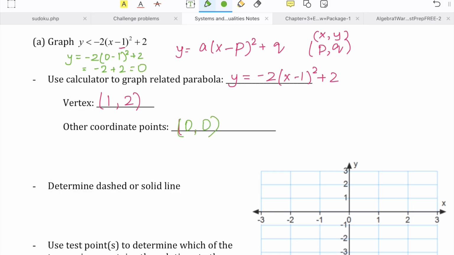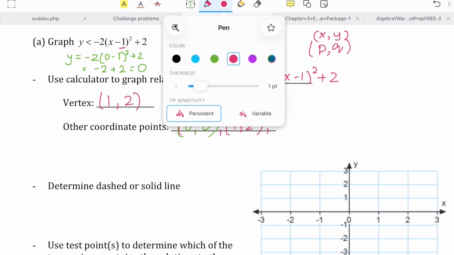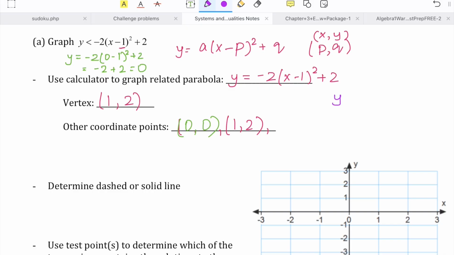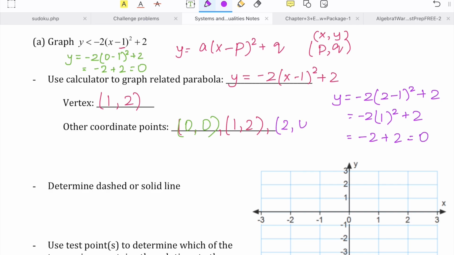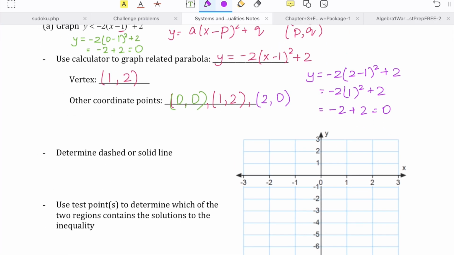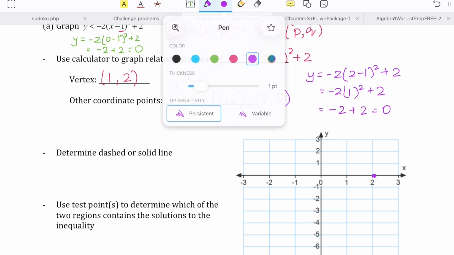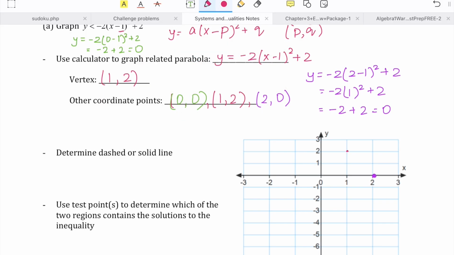I already know (1, 2), right? I can plug in 2 and figure out what my y value will be. So -2(2 minus 1) squared plus 2. 2 minus 1 is just 1 squared. 1 squared is 1, so -2 plus 2 is 0, and that's (2, 0). So I got a few points: (2, 0), (1, 2), and (0, 0). That would be enough to figure out what my parabola is.